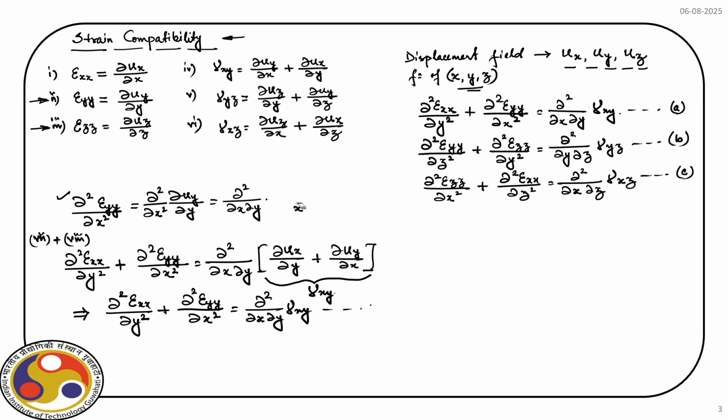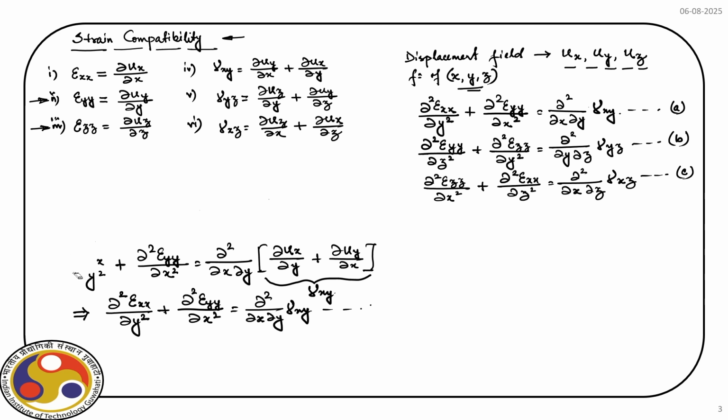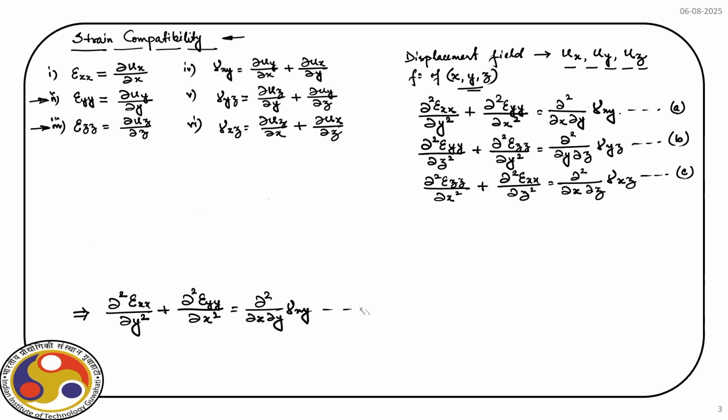what we have in these equations is, if you see the first equation, epsilon xx, epsilon yy and gamma xy, right. And as I told you at the beginning, if you look at the forward problem, that means if we start from the displacement field ux, uy, uz, then obviously the problem is straightforward.